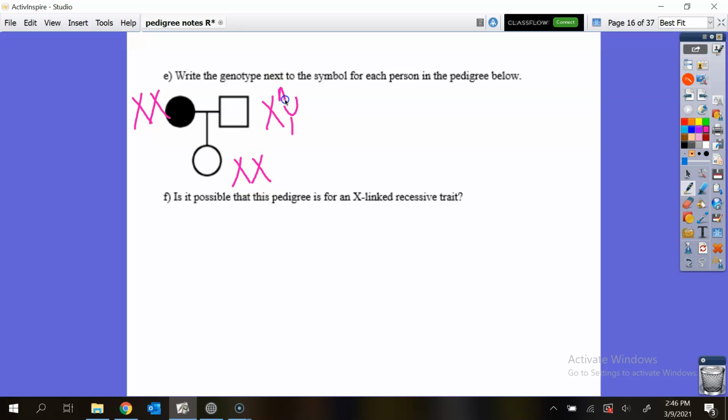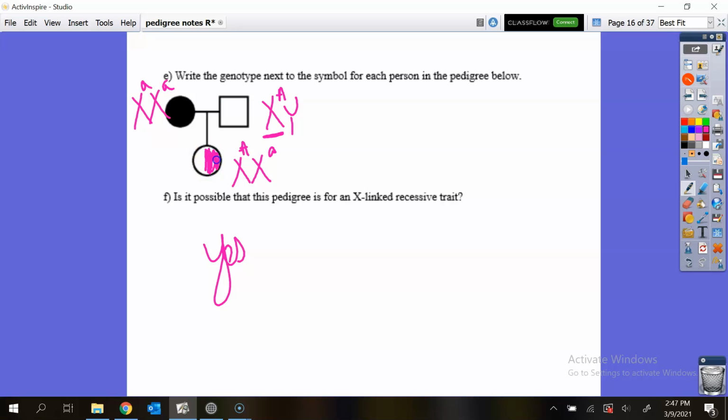Okay, so dad does not have it, mom has it, right? So is it possible that this is X-linked? Dad would have given his daughter the X to make her a girl, right? And mom only has a little a to give, so this one is possible. Remember, in pedigrees, they don't always designate carriers.